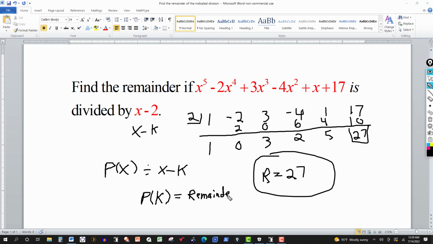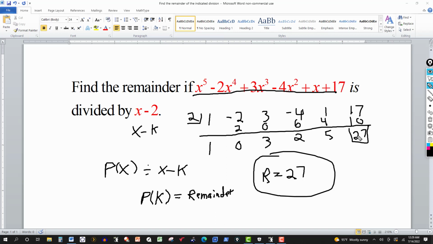So if you take this polynomial and evaluate it at 2, putting a 2 wherever there's an x, 2 to the 5th, 2 to the 4th, 2 to the 3rd, 2 squared, 2 there, and multiply out the coefficients, you're going to get 27.